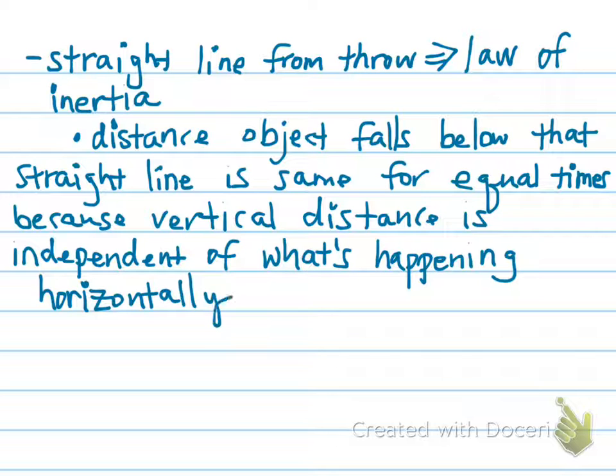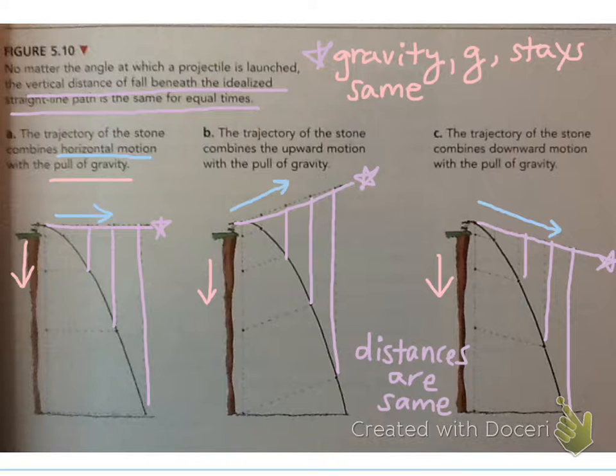So again, all that is saying is what we looked at, that these purple lines are the same length every time. The distance that this object is going to fall below that ideal law of inertia straight line is the same at the same time interval.